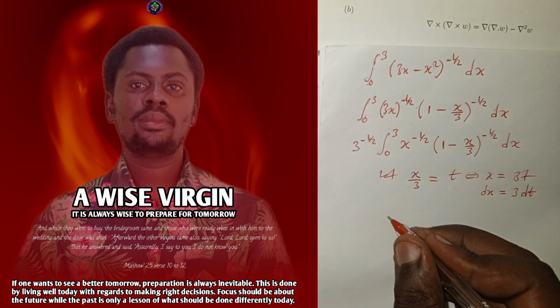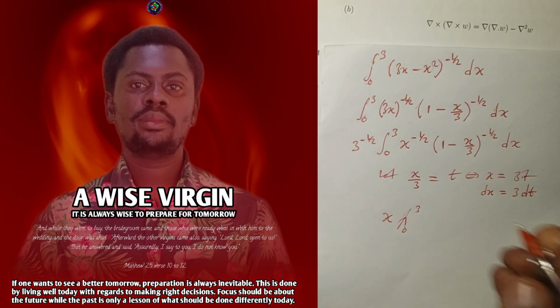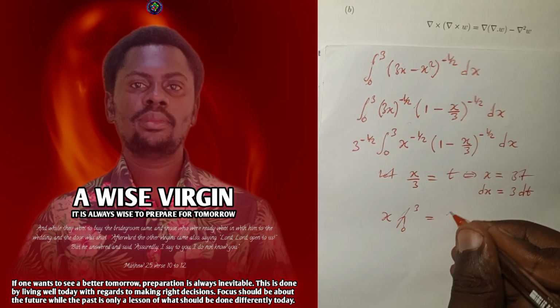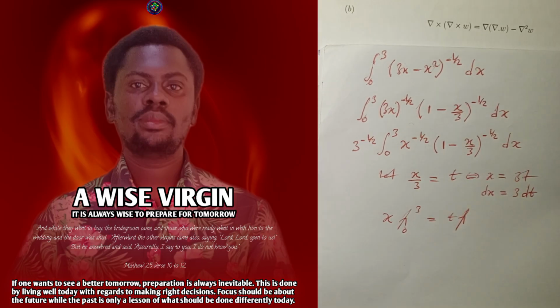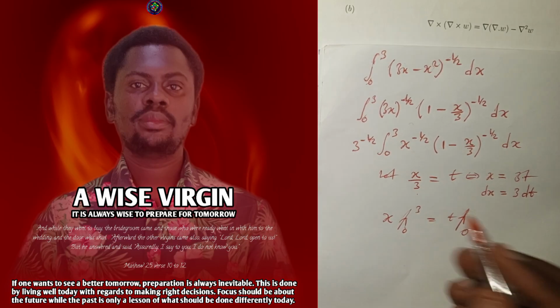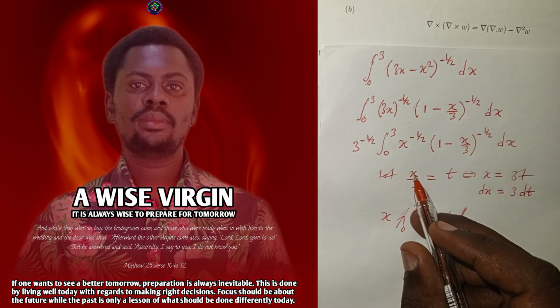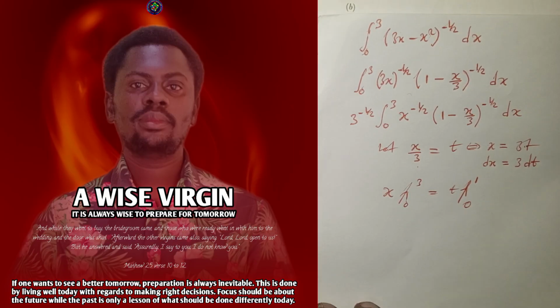Our initial limits were from 0 to 3. Where there is x, you put 0, so 0 divided by 3 is 0. If you put 3 where there is x, it will be 1. So our new limits are from 0 to 1.